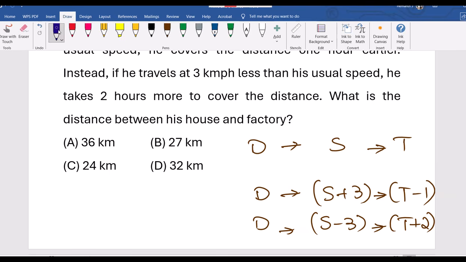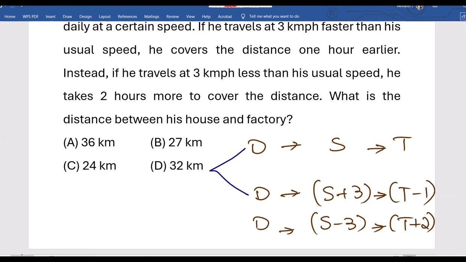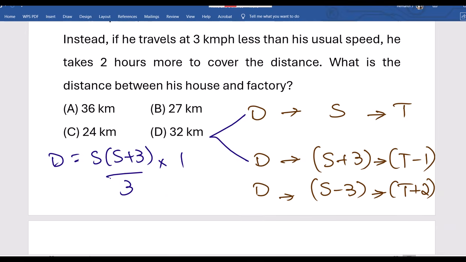Now listen. In this question, they may ask you to calculate speed also. Take these two: product of speeds divided by difference between speeds into time gain, which is 1 hour. We developed one formula: distance is the product of the speeds divided by the difference between speeds into 1. I took the first two. Then take the first and third one.